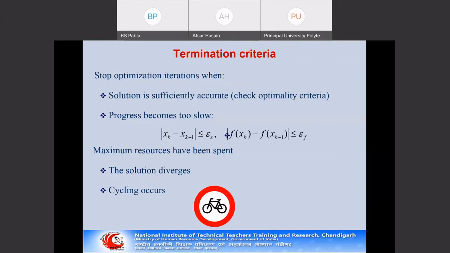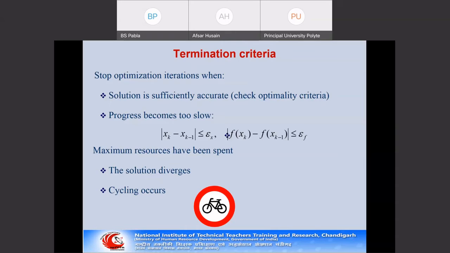To stop this iteration, there are some different criteria. One is the solution is sufficiently accurate. That means there is no change. What I wanted was to get 5 lakh as profit. Now if I am getting 4.9 or 5.5, I will stop. Another is progress becoming too slow.